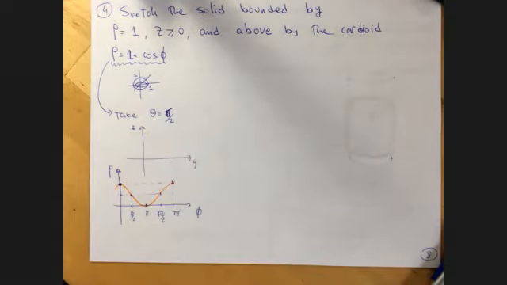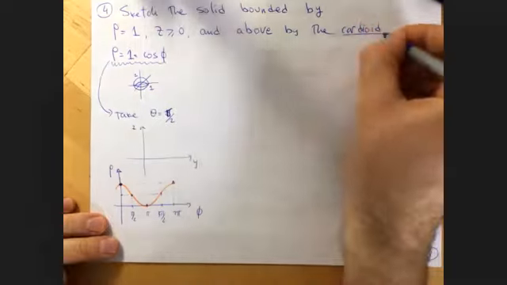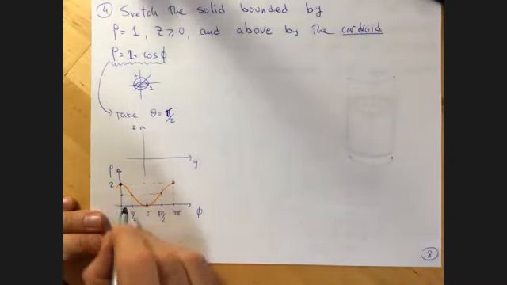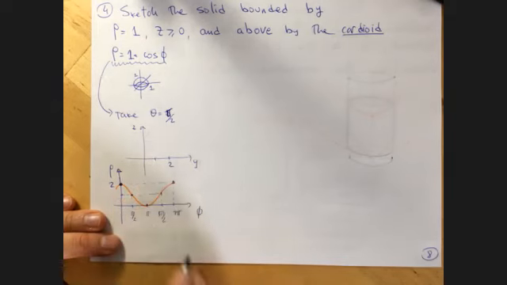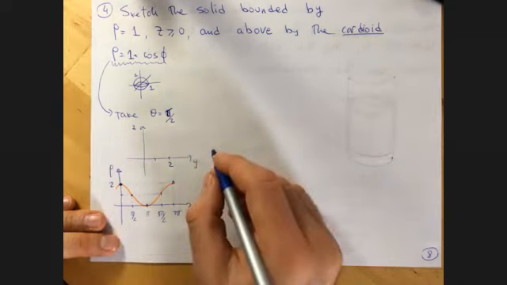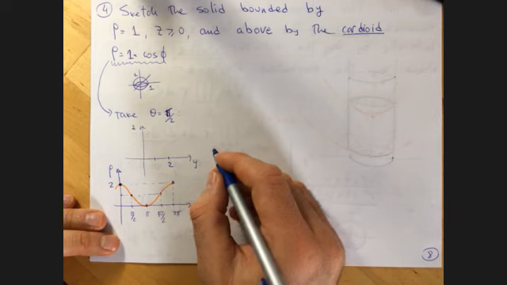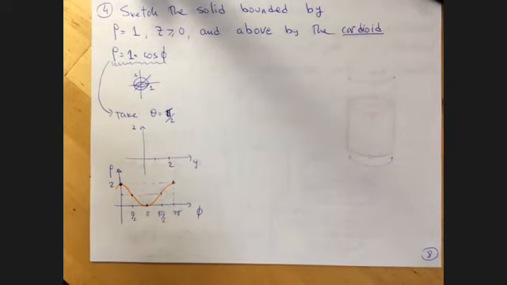So what do I get? I'll get the, as it says, cardioid, right? So when phi is 0, I get 1, 2. I got some mistake here.